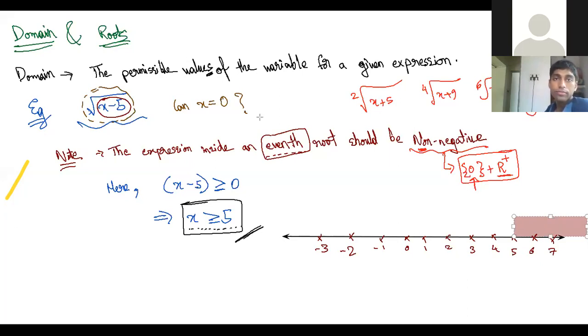This is clear? Yes, sir. Sir, can you give one more example? Yeah, I'll give plenty. Did everyone copy this? Yes, sir. For the non-negative one, we can also write closed bracket 0, infinity open bracket.